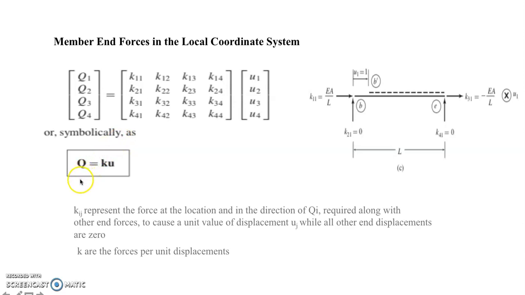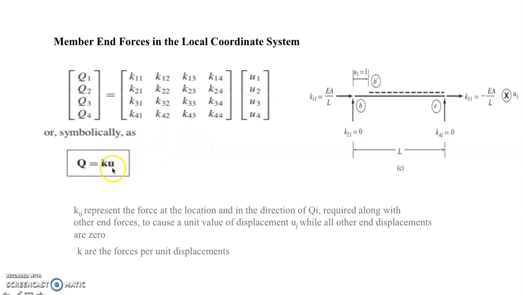Q, of course, represents member end forces, K represents our stiffness coefficient, and U represents our member end displacements in the local coordinate system. For every member, there would be 4 member end forces, Q1, Q2, Q3, and Q sub 4. And for every member, there would also be 4 member end displacements, denoted by U sub 1, U sub 2, U sub 3, U sub 4. We identified that a while ago in our figure.